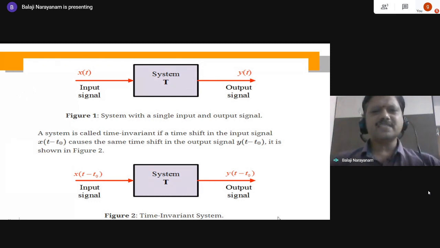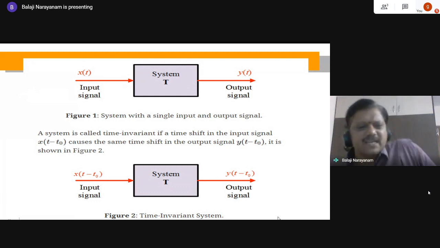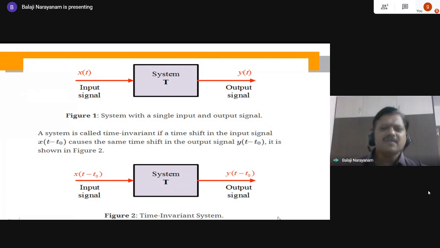A system with a single input and output signal is shown here. A system is called time invariant if a time shift in the input signal, x of t minus t naught, causes the same time shift in the output signal, y of t minus t naught. Then we may say that the system is time invariant.